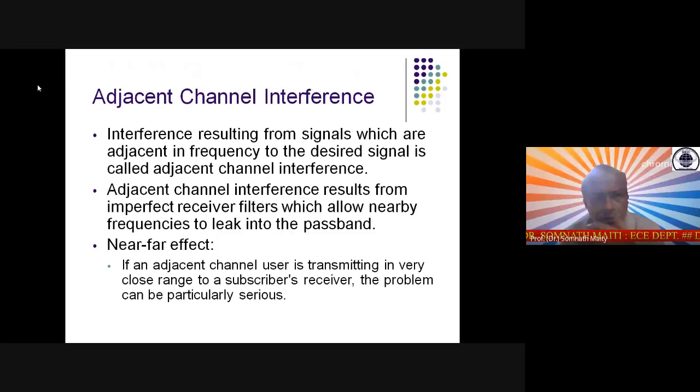Adjacent channel interference results from signals which are adjacent in frequency. Say 2 carrier frequencies are very near, so the desired signal is affected by the adjacent channel.